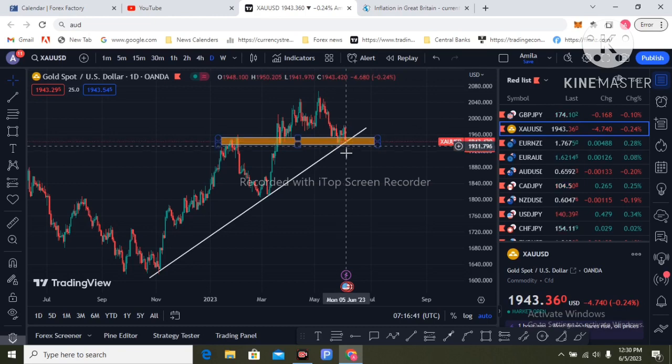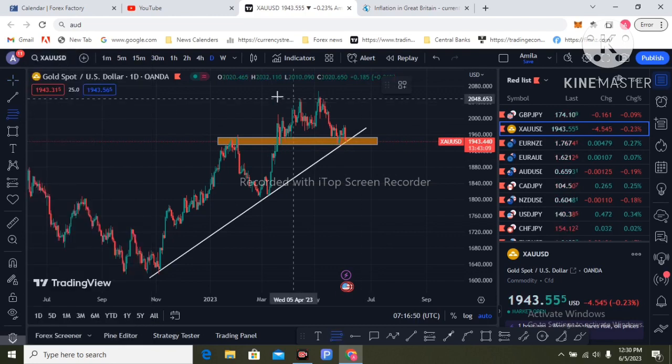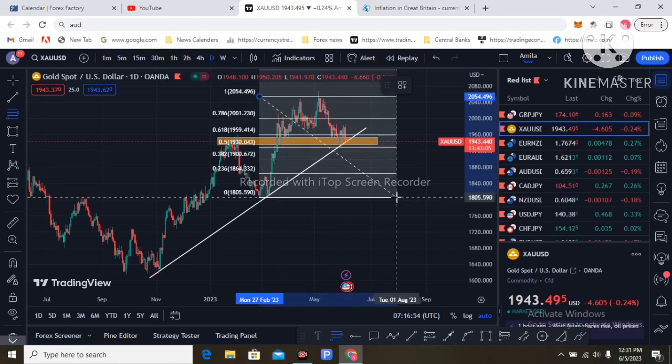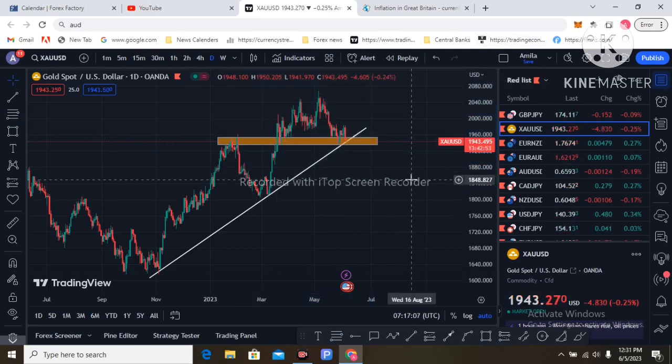So technically it has 2 reasons, and I would like to give you another reason to buy gold technically: the Fibonacci. On this movement we can draw the Fibonacci levels, and the 0.618 golden level area has price within the 0.5 level. So in the Fibonacci retracement there is a good level to buy gold.